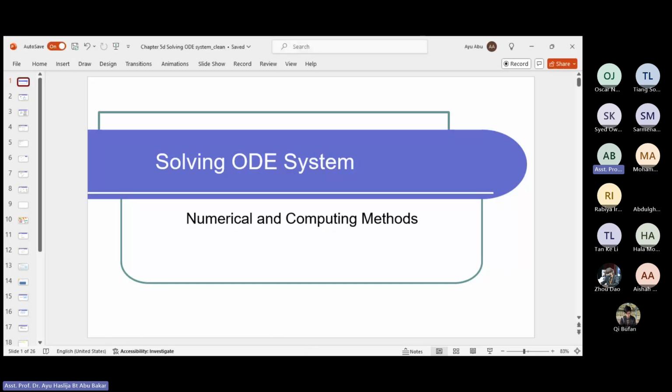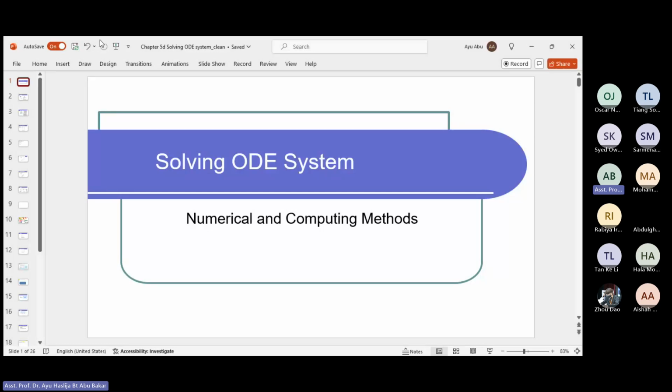Okay, now we proceed to our class, which is the last topic, solving ODE systems. ODE stands for ordinary differential equation.